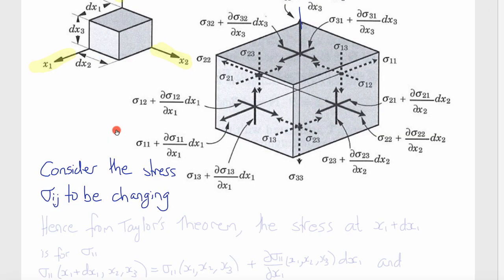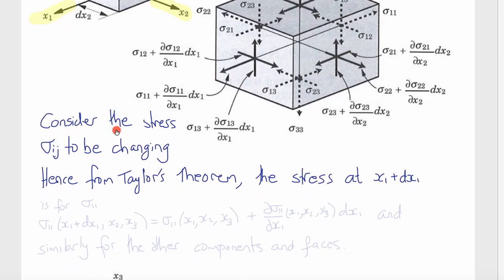And hence, from Taylor's theorem, and truncating after the first derivative term, the stress at x plus dx1 for the sigma 1,1 component, sigma 1,1 at x1 plus dx1, x2 and x3, would equal sigma 1,1 at x1, x2, and x3 plus del sigma 1,1 del x1 times dx1.